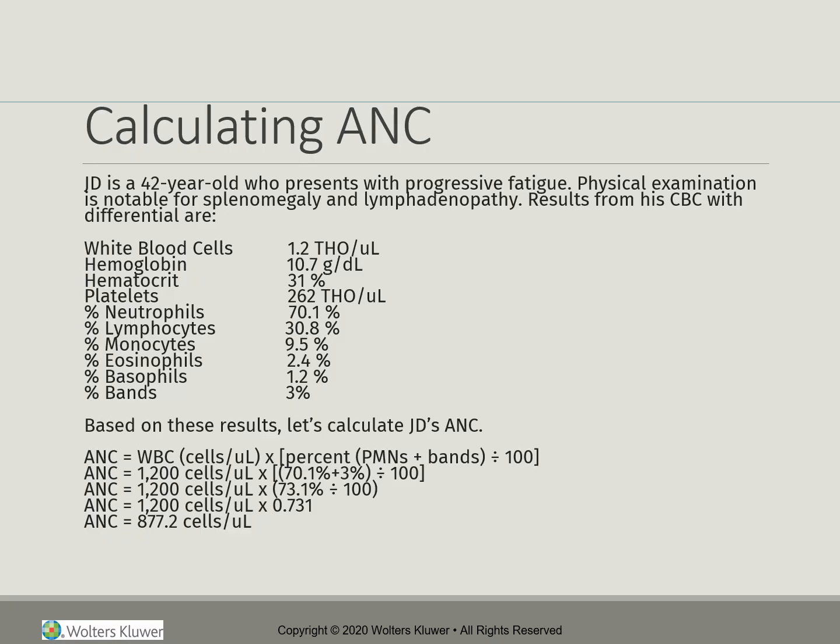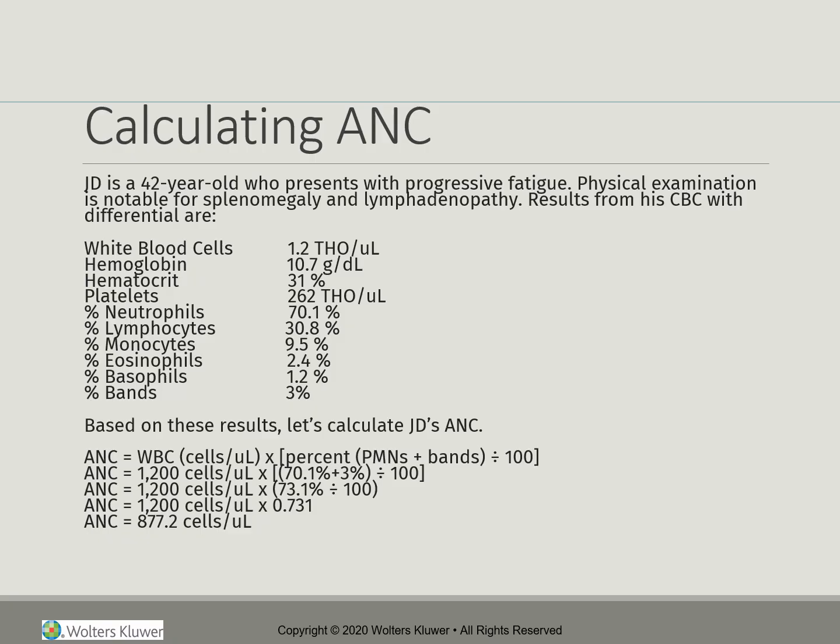This slide shows a case of how to calculate an absolute neutrophil count. Our patient JD is a 42-year-old with progressive fatigue. On exam they have splenomegaly and lymphadenopathy, and you'll see what that means in a little bit.